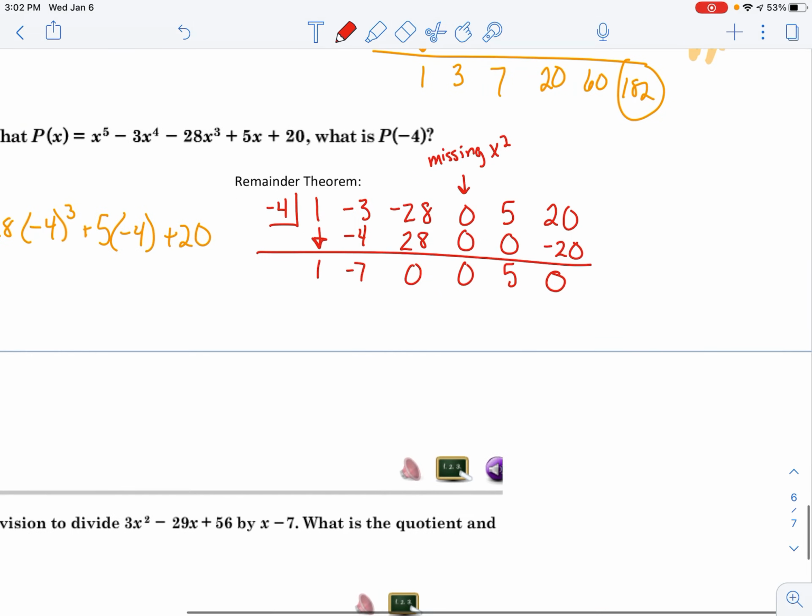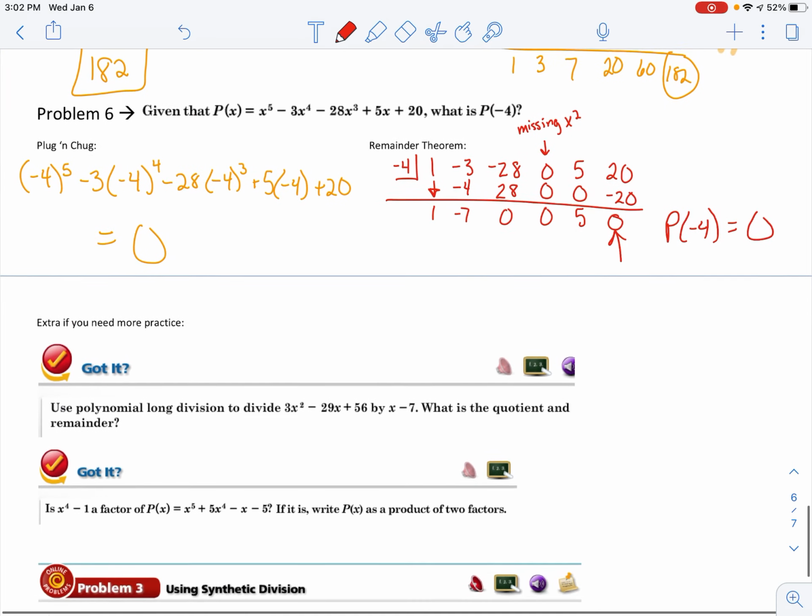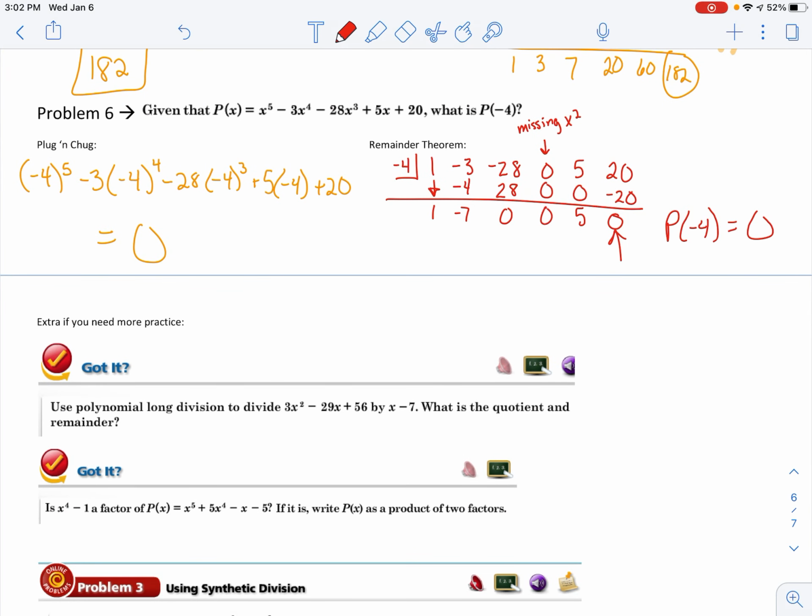Well, we were trying to do this plug and chug thing, or what do we get if we plug in -4? So the answer is not an equation. The answer is simply what you get for your remainder. So you can say, if I plug in -4, my answer will be 0. And I honestly don't even know which one was faster, the calculator or the remainder theorem, but either way, you get a final answer of 0.